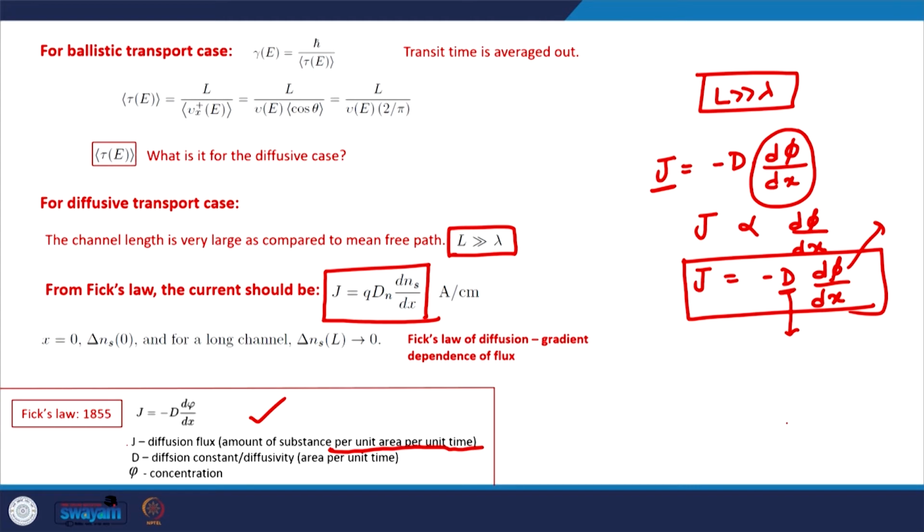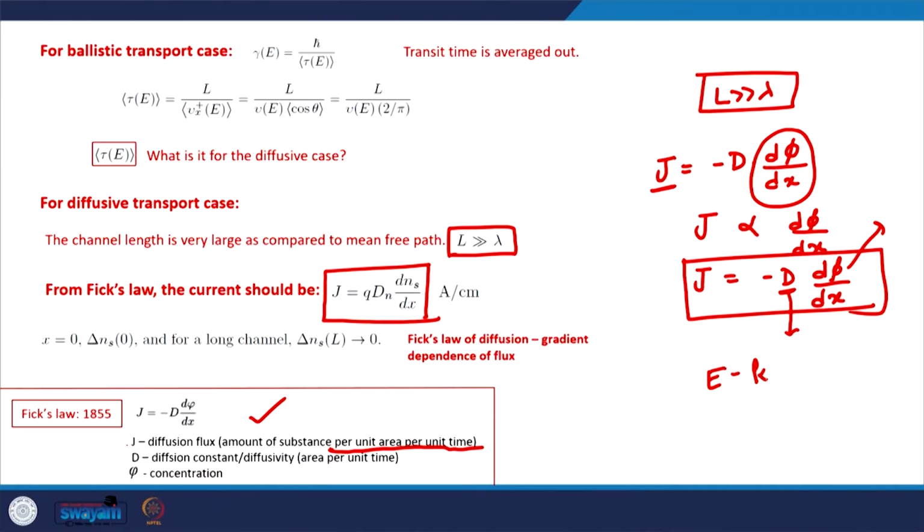So, as you know, by invoking the idea of effective mass, we can treat an electron as a classical particle with a modified mass, that is the effective mass.